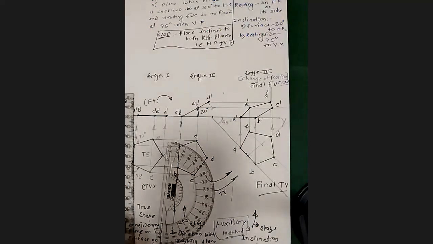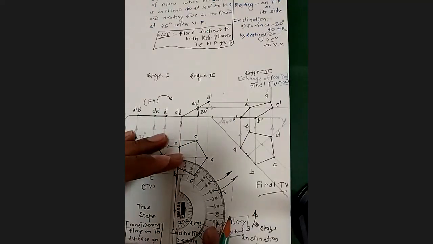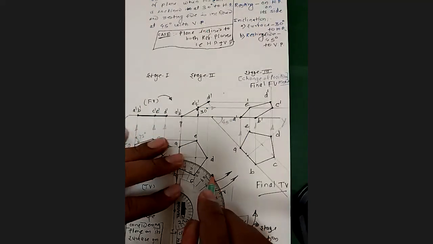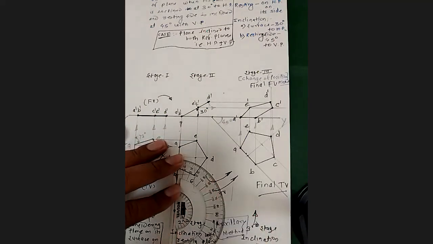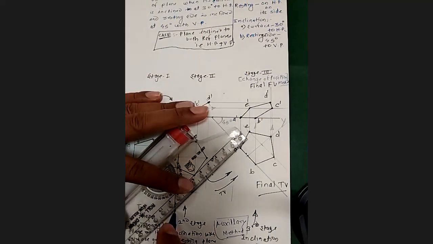So again, you just use the protector here and take the angle of 45 degrees. Then I will try to get this line.